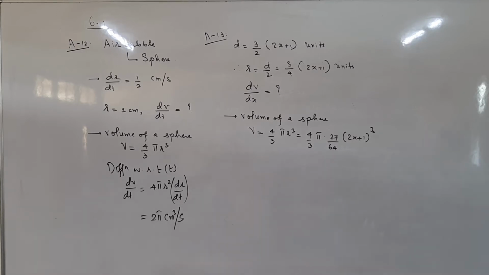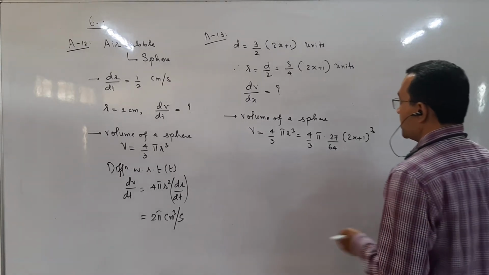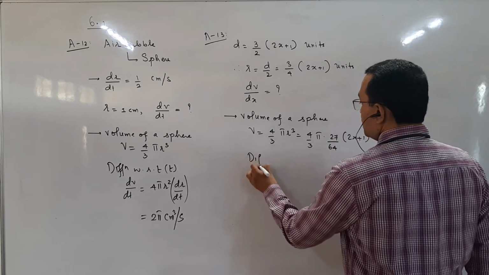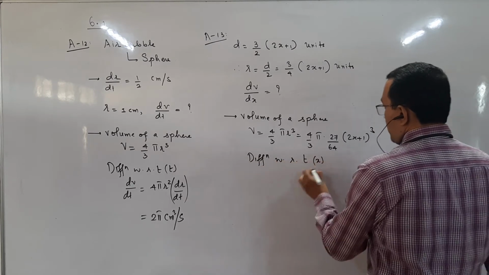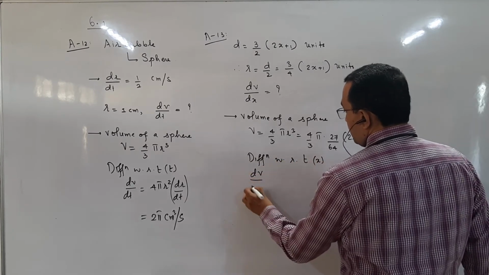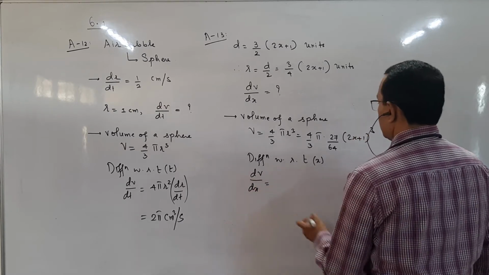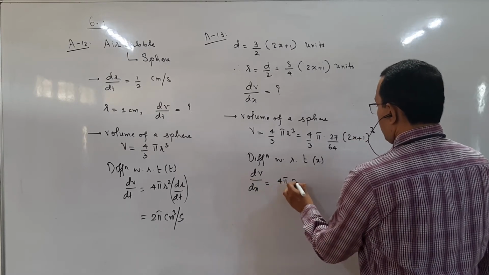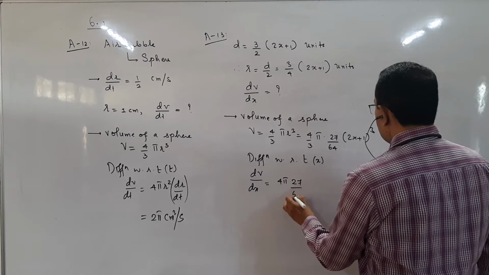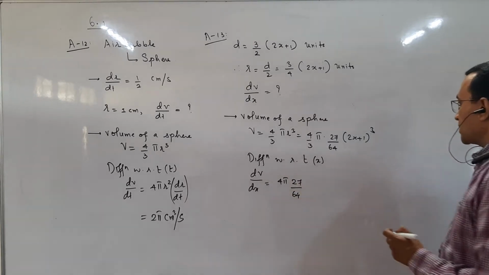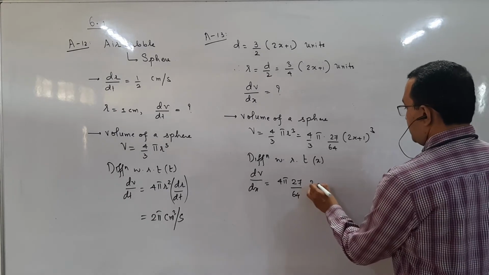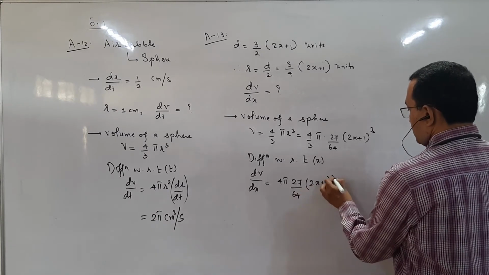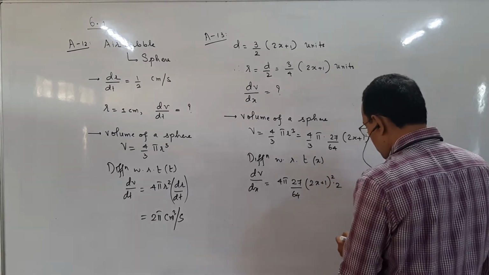Now we have to differentiate with respect to x because we need dV by dx. So differentiating with respect to x, dV by dx will be 4 pi into 27 by 64 into 3 into (2x plus 1) the whole square into 2.